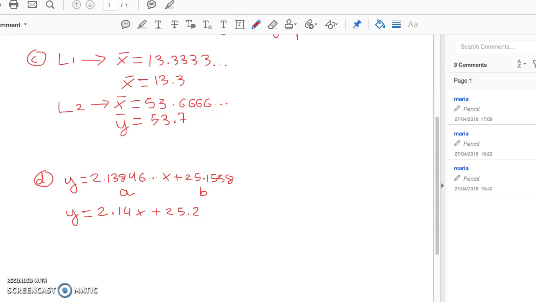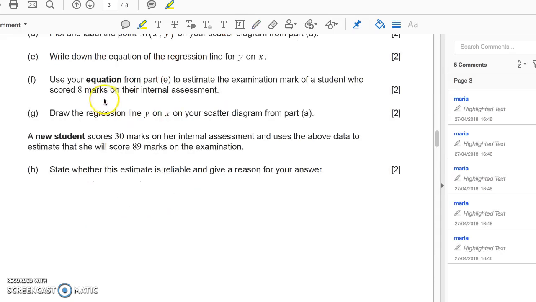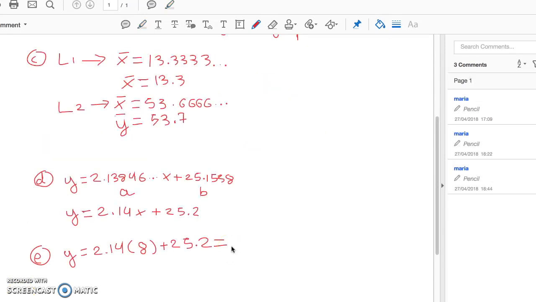That's the regression line. Use the equation from the previous part to estimate the examination mark of a student who scored 8 marks on their internal assessment. So 8 is the x, and we want to calculate the y. We're just going to plug this into the equation. So plug in 2.14 times 8, which is the x, plus 25.2.